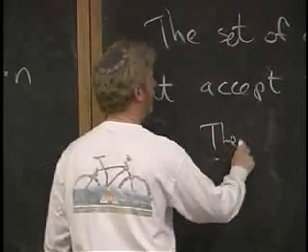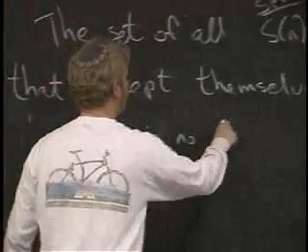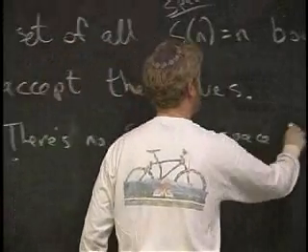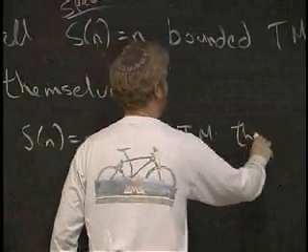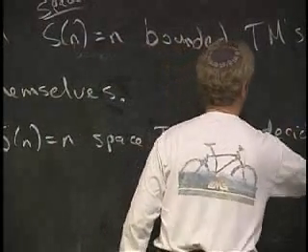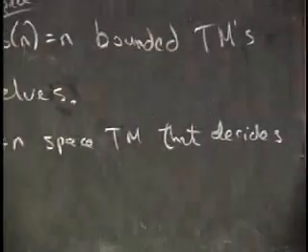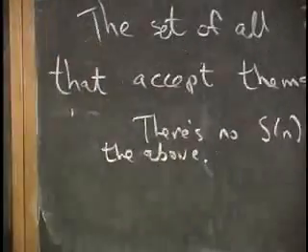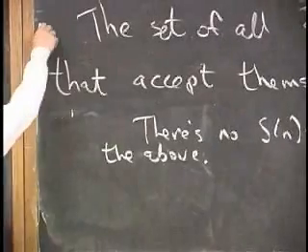Okay, I'm going to convince you there is no S of n equals n space TM that decides the above. Let's give it a name. We'll call it Q.